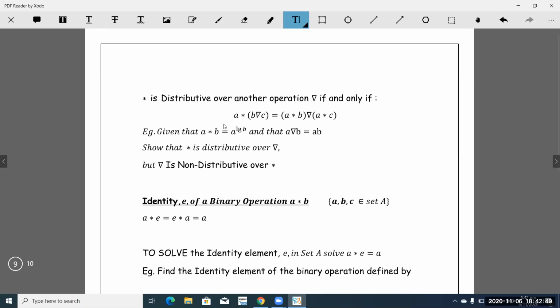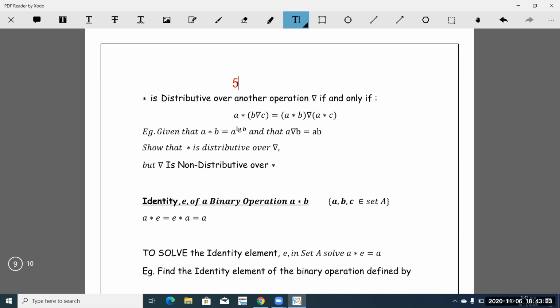Now, the next one to look at is distributivity. When we're talking about distributivity, think of multiplication outside the bracket and an addition or a subtraction inside. So now what we say is that star is distributive over another operation delta if and only if A star (B delta C) works out to be (A star B) delta (A star C). Think of your star as multiplication.